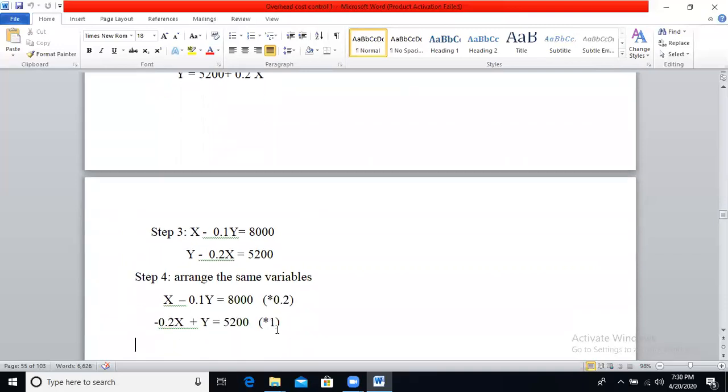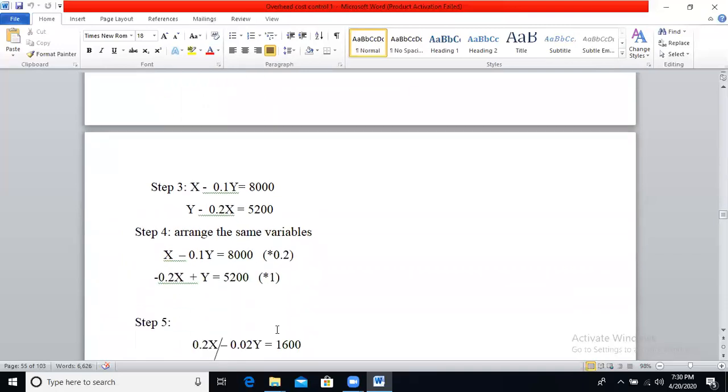Now arrange the values: x below the x, and y below the y. So write the first equation as the same, x minus 0.1y is equal to 8,000. For the second equation, write x below x and y below y, so minus 0.2x plus y is equal to 5,200.